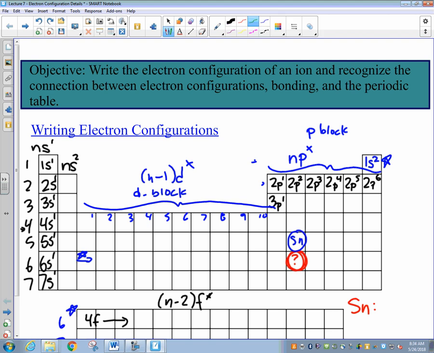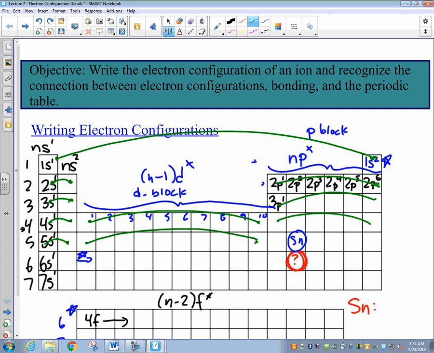Starting at the very top, we have 1s2, 2s2, 2p6, 3s2, 3p6, 4s2, and -1 gives me, careful here, 3d10, 4p6, 5s2, and -1 gives me now 4d10, followed by 5p2.